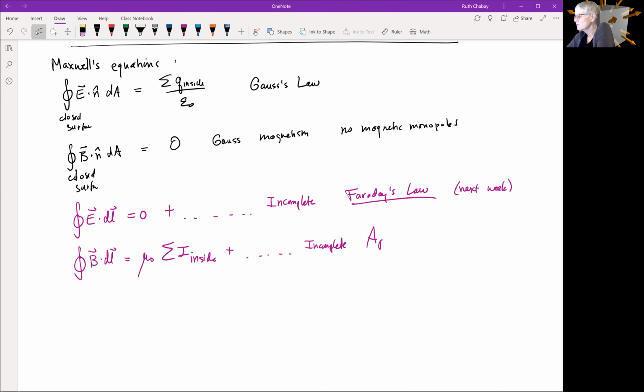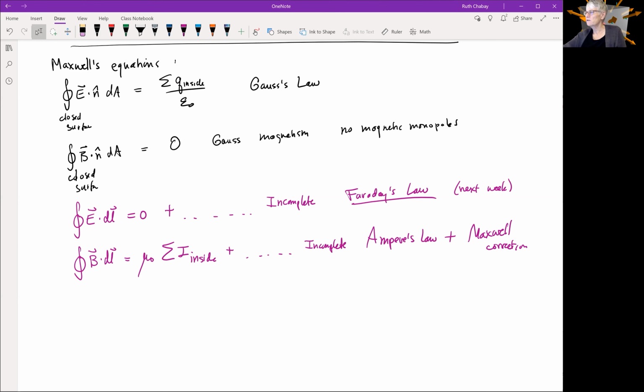This is Ampere's law, and Ampere's law is not wrong. But we need a correction, or an addition by Maxwell, to make this complete. And we'll also see that next week.